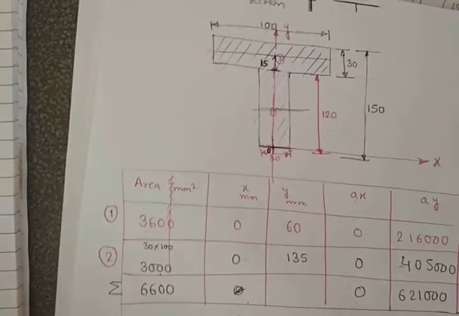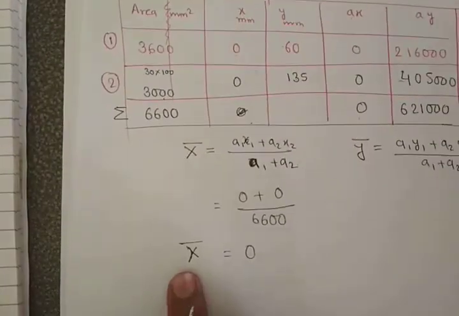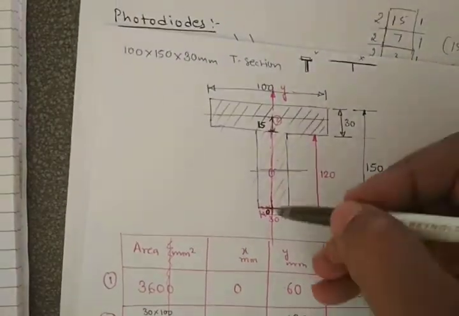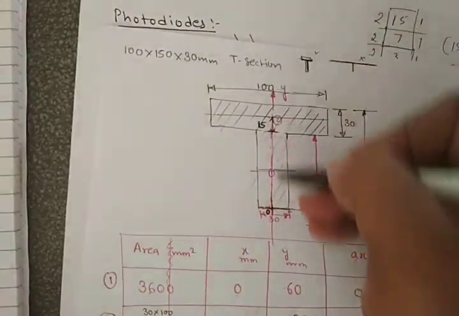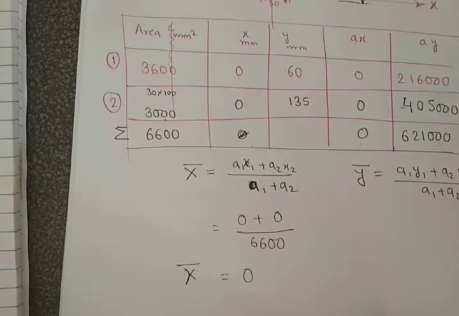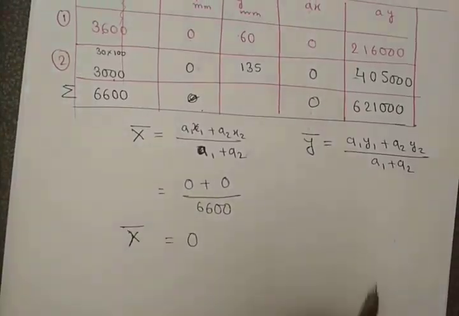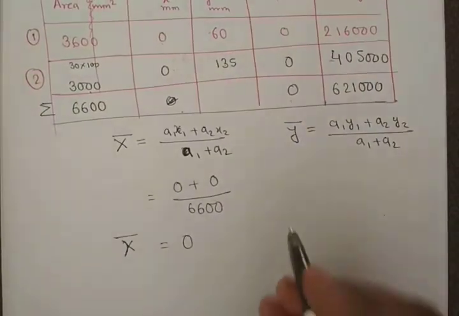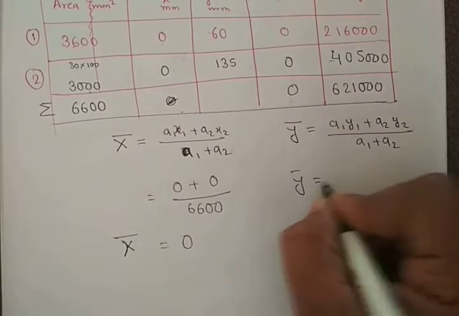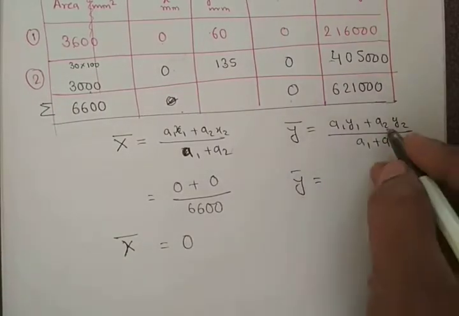That is nothing but what? This is 0 means what? Centroid is present at the 0 line. Okay, next for the y direction, we will find y bar, which equals a1 y1 plus a2 y2.